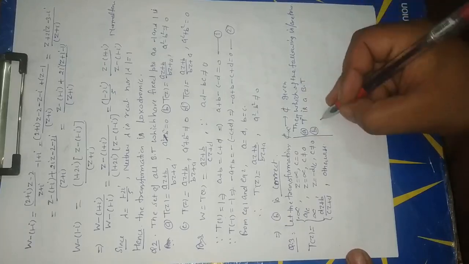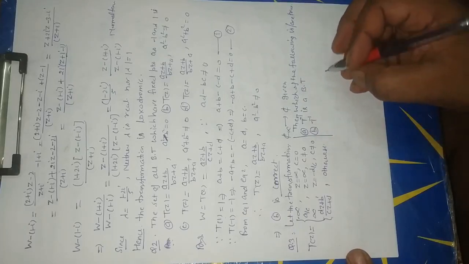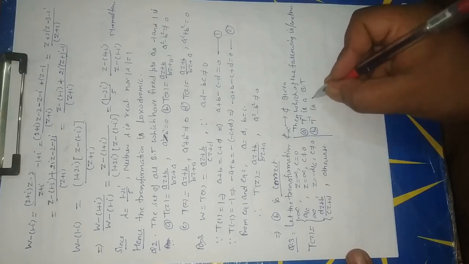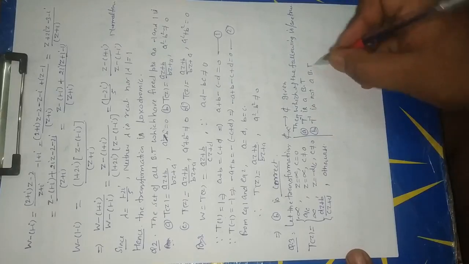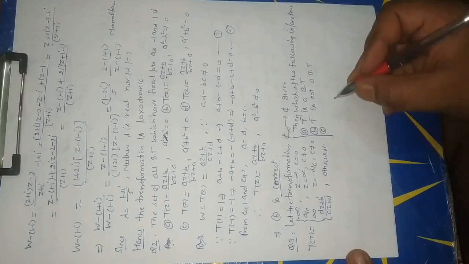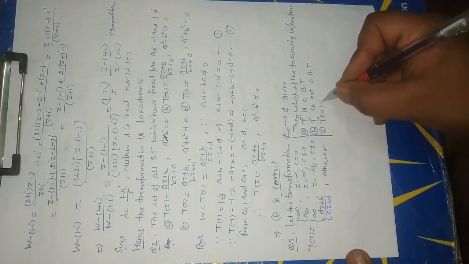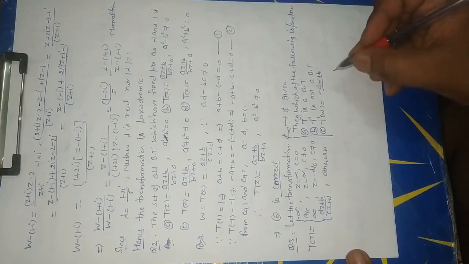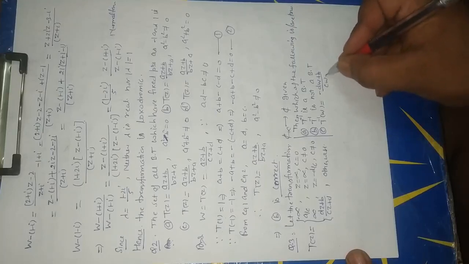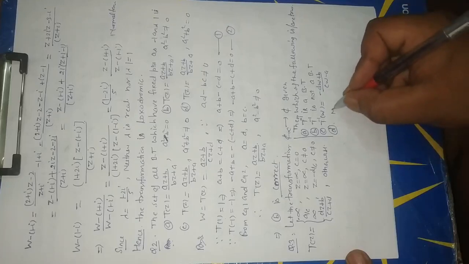B option, T inverse is not a bilinear transformation. C option, T inverse of W equals (-dW + b)/(cW - a). Or D option, none.